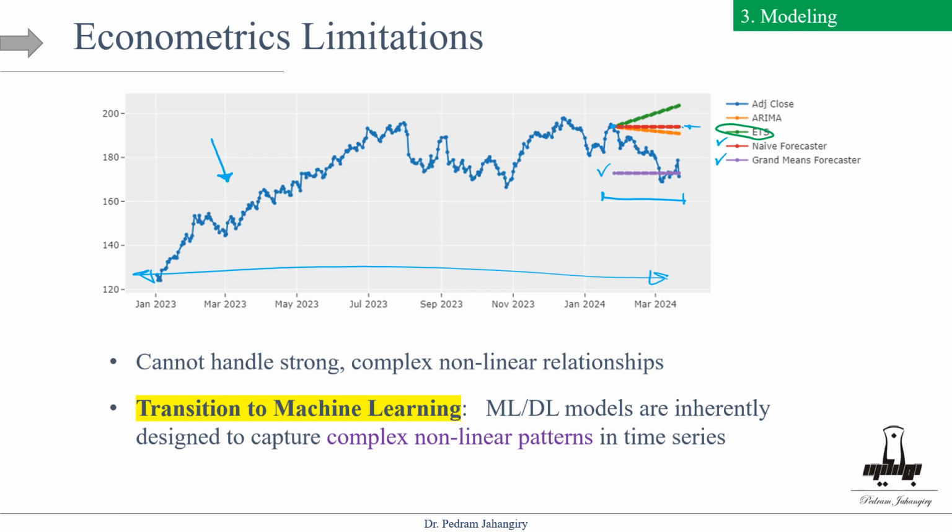Look at that. ETS is predicting something upward sloping into the future, and ARIMA is predicting something downward sloping into the future, right? And as you remember from part 2, I highlighted that when we were talking about forecasting horizons. If you have multi-step forecasting horizon or multi-horizon, then it's going to be super sensitive to the number of horizon you're using, right?